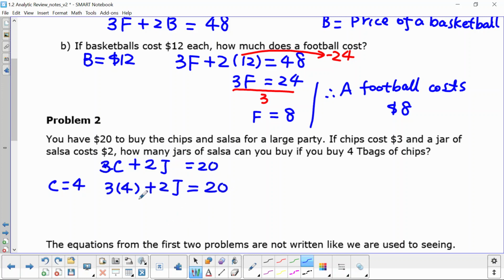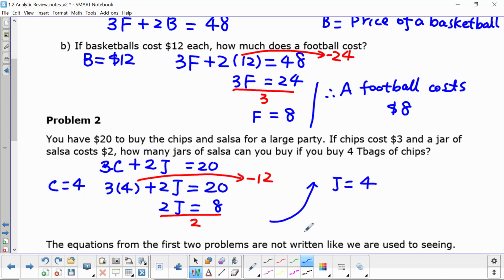Then we are going to move the 3 times 4, which is 12, to the other side. Doing the opposite operation is minus. Then you will have 2 times jars equals $8. Then divided by 2, j equals 4 jars. Therefore you can buy 4 jars.